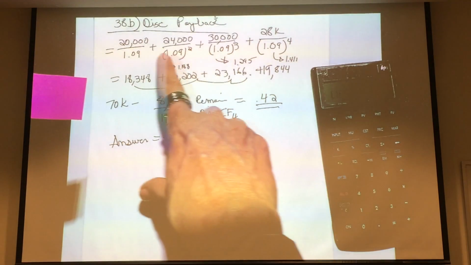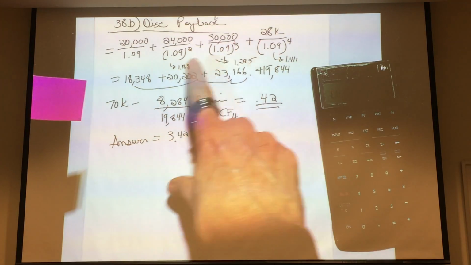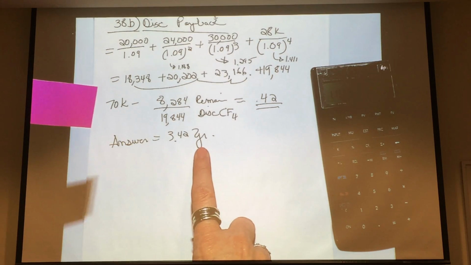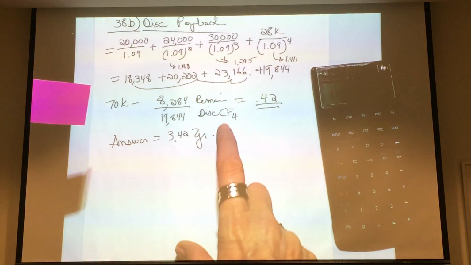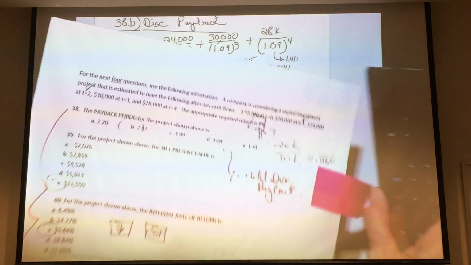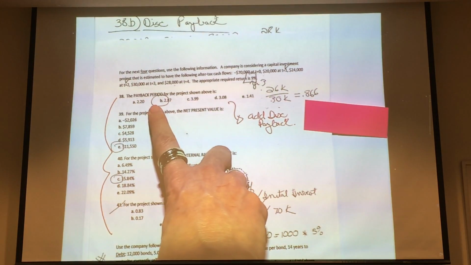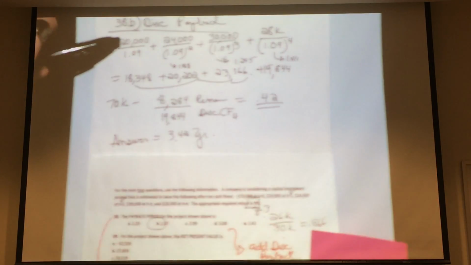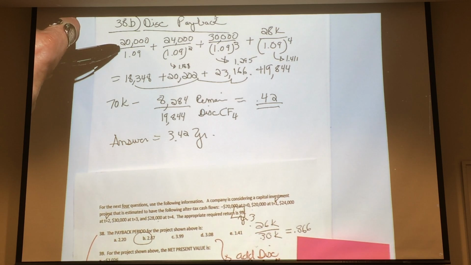That means you discounted all the cash flows and subtracted out your initial cash flow of $70,000. So on a discounted payback method, it takes you 3.42 years. On just a regular payback method, it took you 2.87. Why? Because you discounted all the cash flows by their present value.